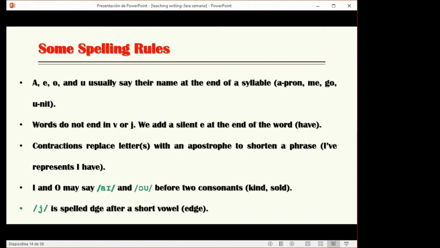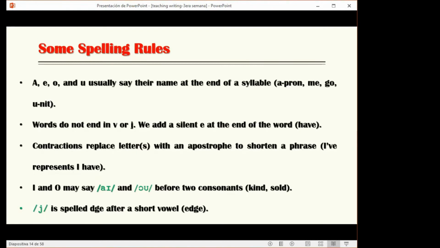Another one, contractions replace letter or letters with an apostrophe to shorten a phrase. This is very common. Contractions. I've represents I have. So we use contractions. The apostrophe. Another one, I and O may say their names before two consonants.